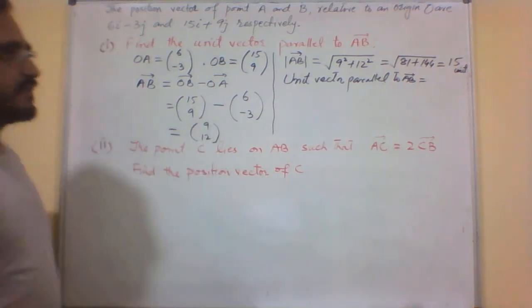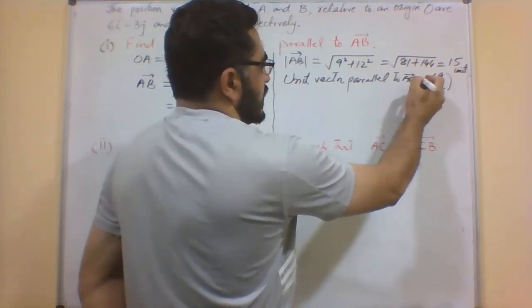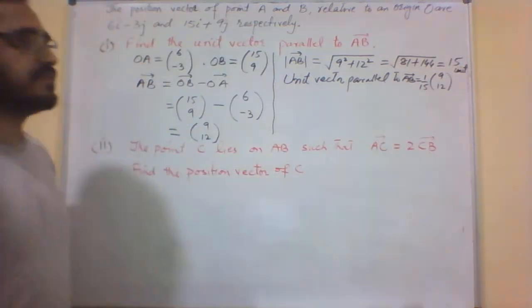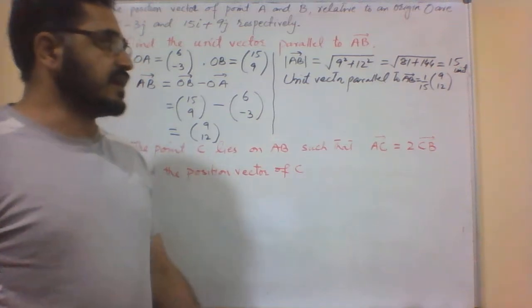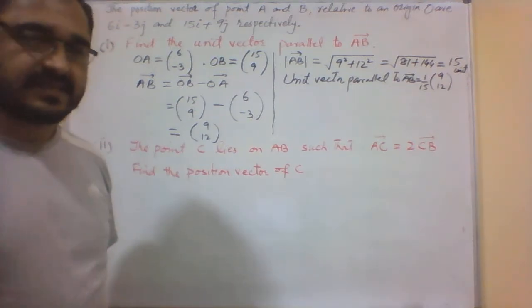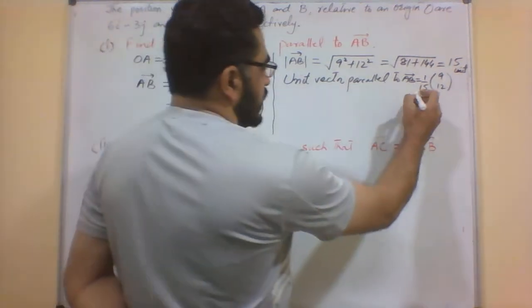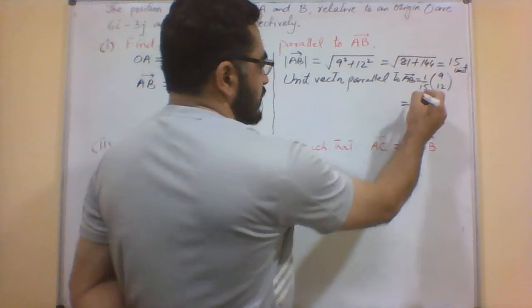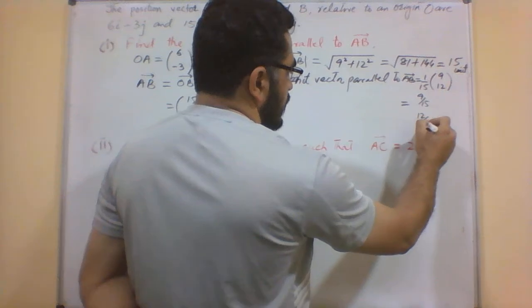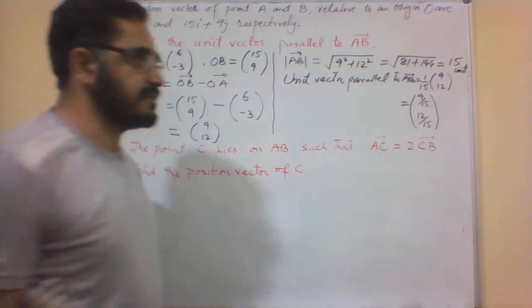Vector AB is 9, 12, divided by its magnitude 15. So we multiply by 1 over 15: 9 by 15 and 12 by 15.